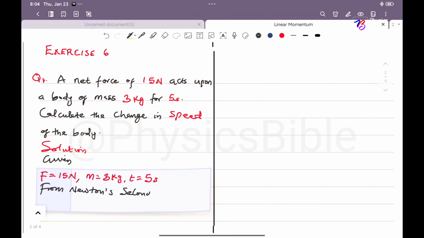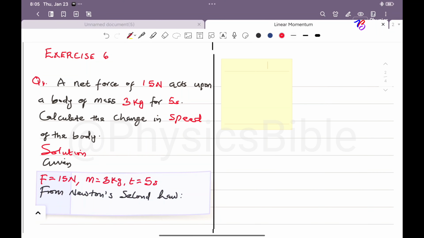Is that clear? So from Newton's second law, we know that F, which is force, is equal to mass multiplied by acceleration. But change in velocity, delta v, is equal to v minus u. Hence, we can say that F is equal to m into (v minus u over t).